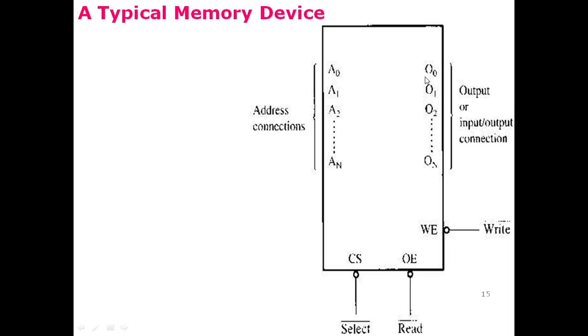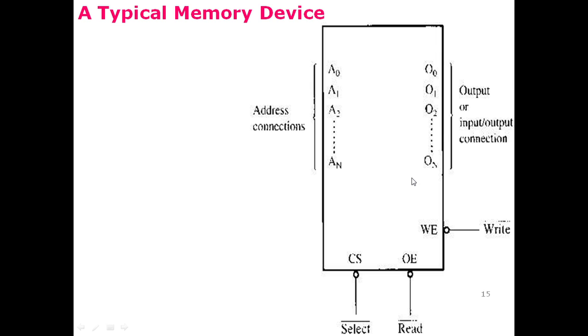They are O0, O1, O2 until ON, where O means outputs. So we have N plus 1 total output pins, and these can be used just for output in case the memory is read only, and these pins may also be used for writing or reading data in case the memory is read-write memory. And each memory has a write enable pin as well. In this case, it is active low.